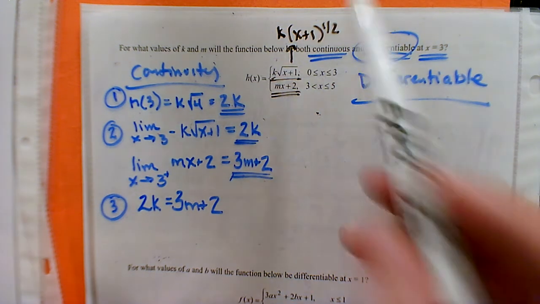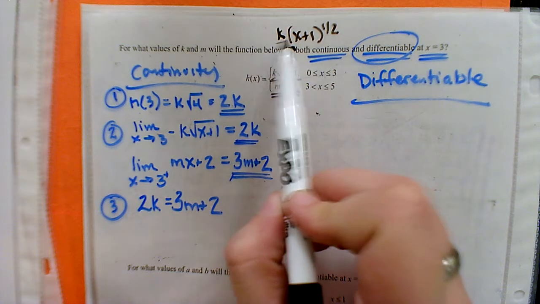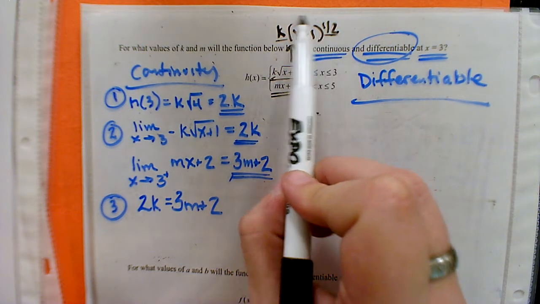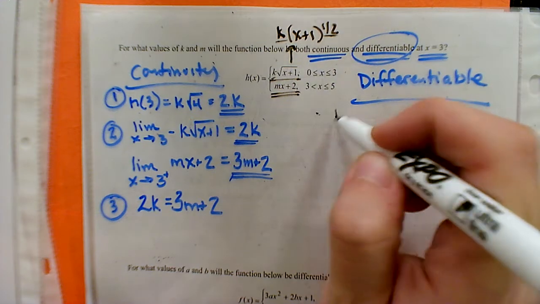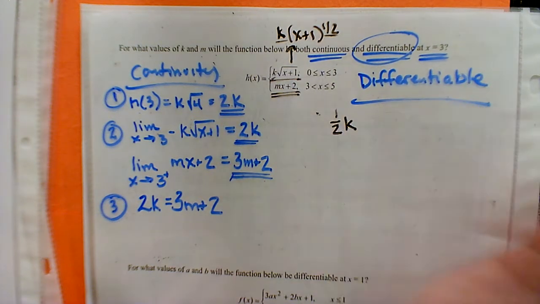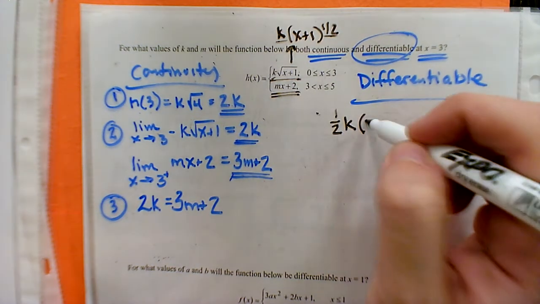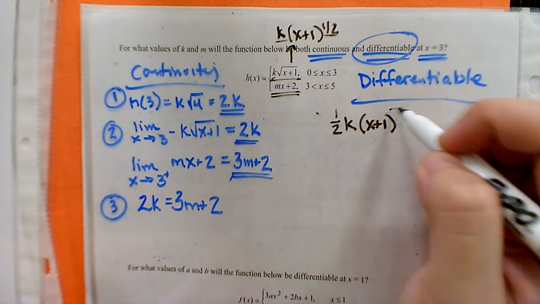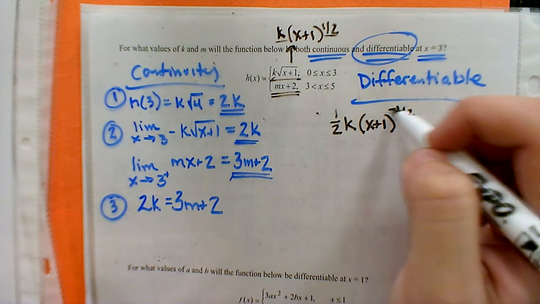All right, so using our chain rule, notice how the outside pieces are k and then the power of a half. We would bring down the power of a half, so that would be 1/2 k. We keep the inside layer of that onion or gobstopper, whatever you think of. Don't forget your new power.